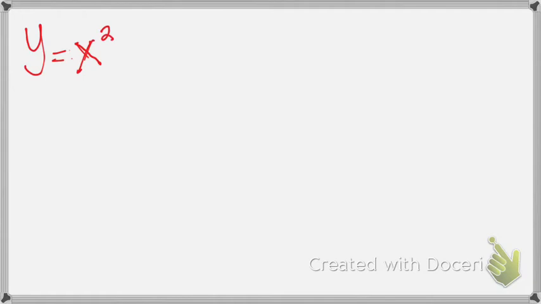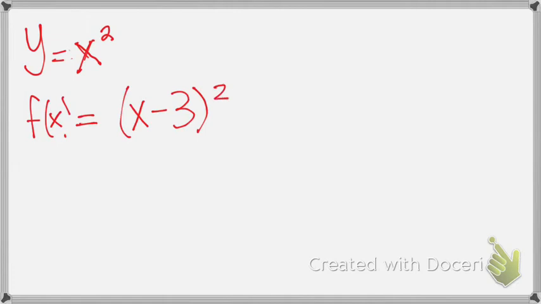Now, the new function, the transform function, is f of x, which we know is y, equals x minus 3 squared. Okay, before we answer, does it have an a value other than 1 at the beginning?